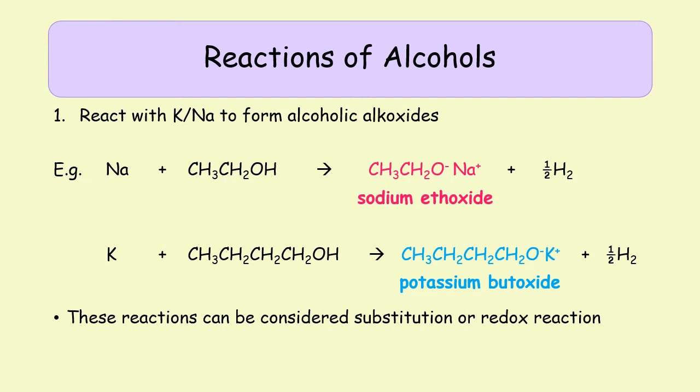Now, these reactions can be considered a redox reaction because you're forming ions, or they can be considered substitution, in which you're substituting the metal and the hydrogen atom. But you do need to know this reaction. If you want to form an alkoxide, you react an alcohol with a metal.